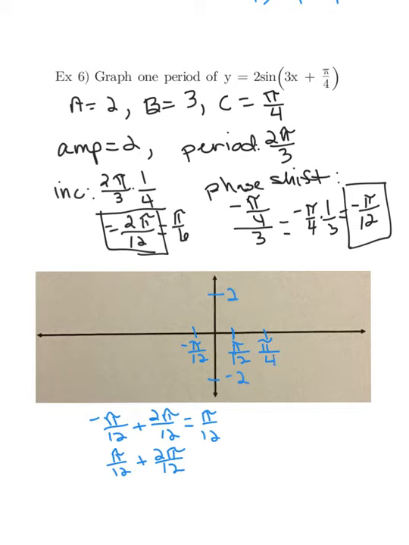3 pi over 12 plus 2 pi over 12 puts me at 5 pi over 12. And then add 2 more for your fifth mark, you're going to be at 7 pi over 12. This is a sine function, so the first point is always at 0.